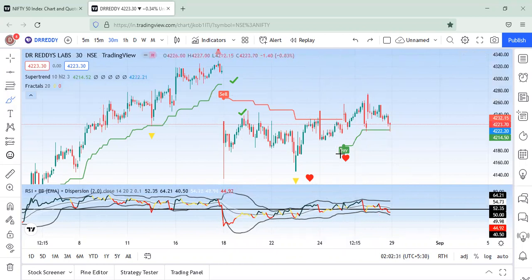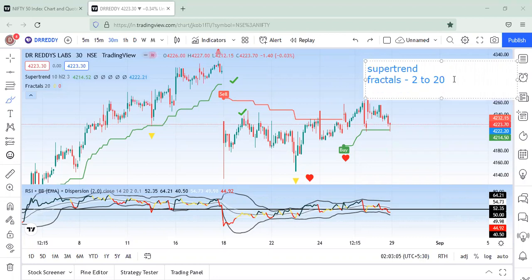First, the indicator I am using is Supertrend. Number 2, I am using Fractals. In Fractals, I have made changes, time period from 2 to 20. In Supertrend, there is no change.